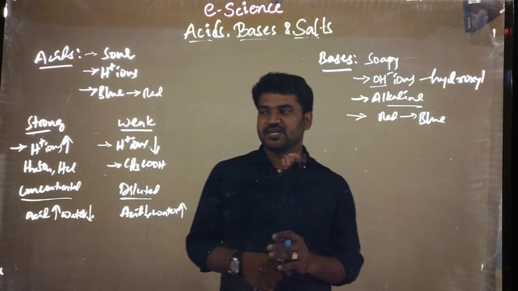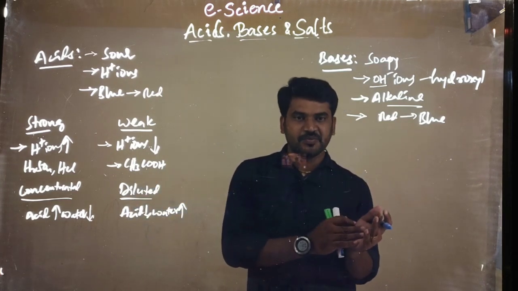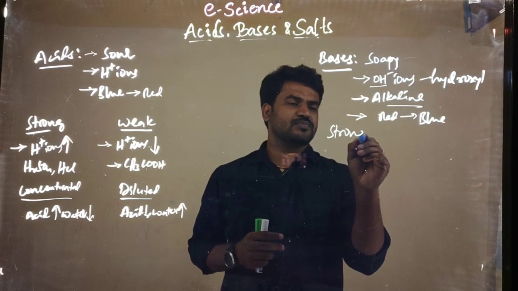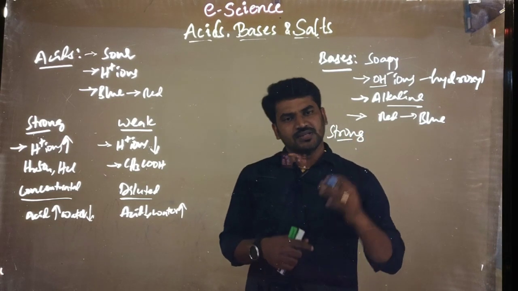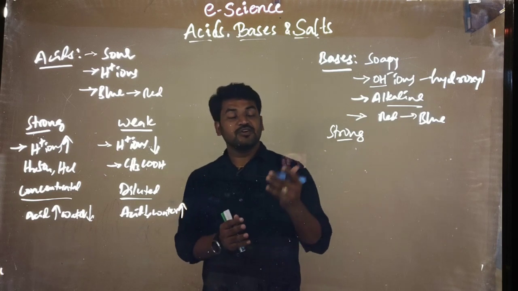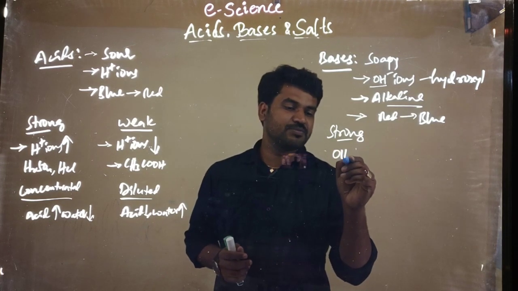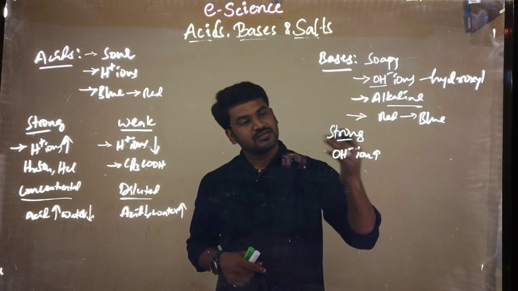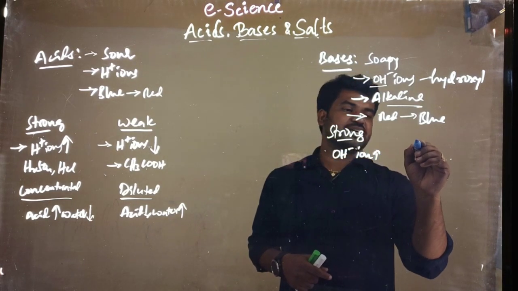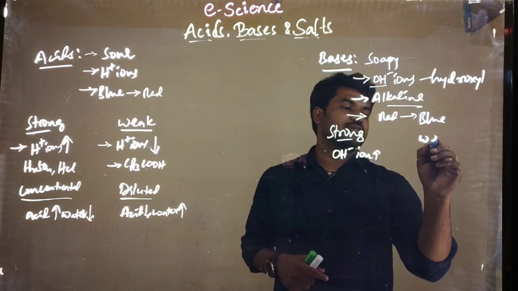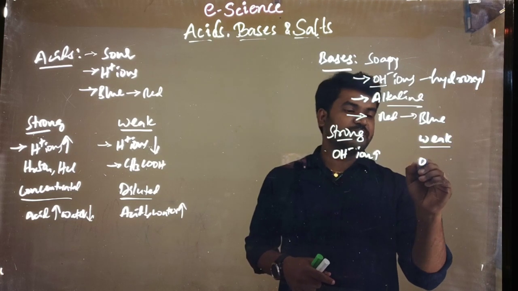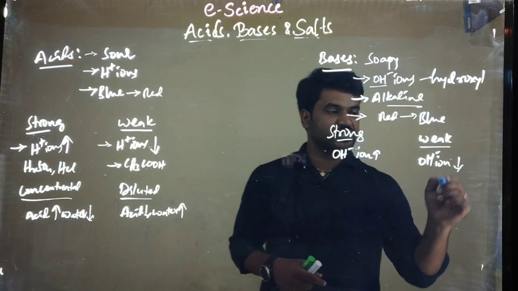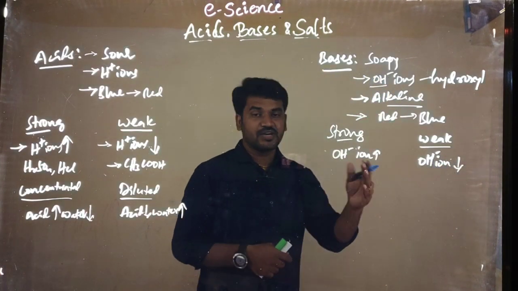So here also you can say a strong base and a weak base, with the same kind of definitions. What are strong bases? The base which has more OH minus ions is called a strong base. The base which contains fewer OH minus ions is called a weak base.